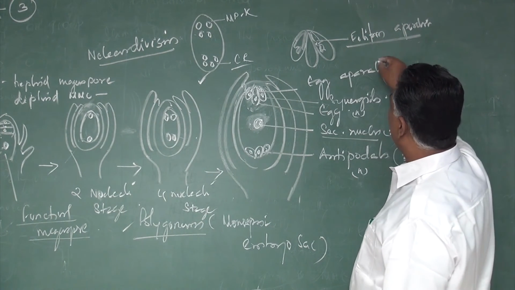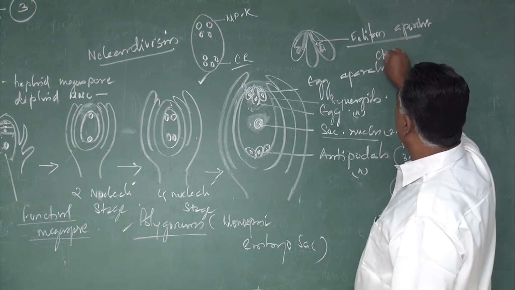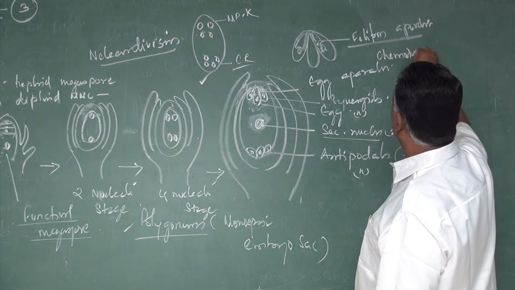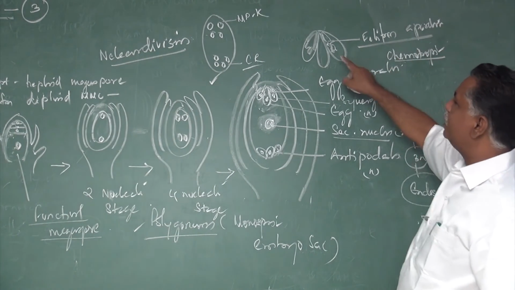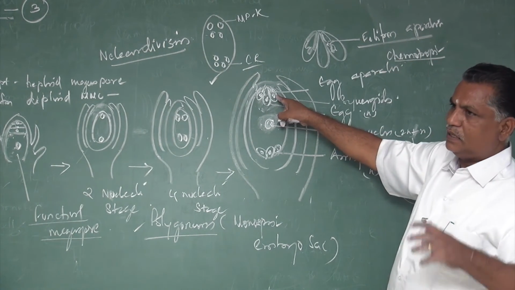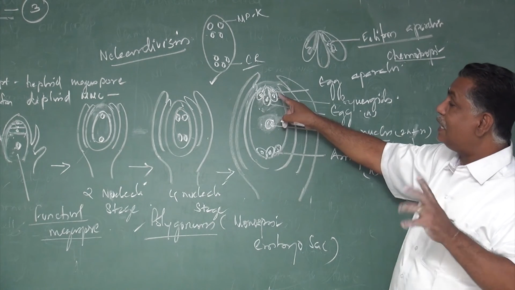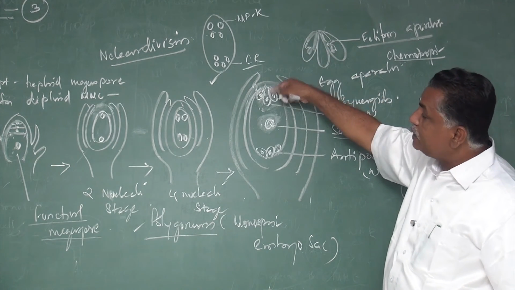Actually, the synergids are chemotropic in nature. What is chemotropic? These synergids secrete certain substances that attract the pollen tube to reach the egg.